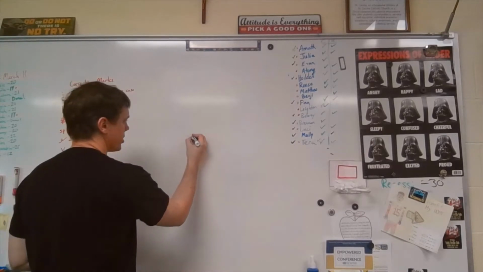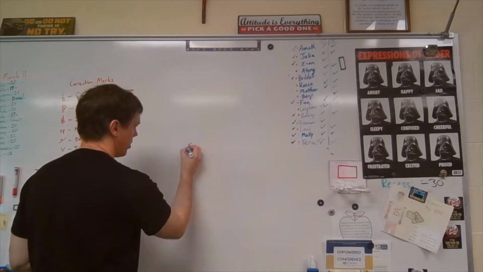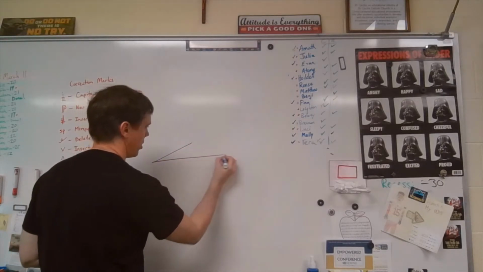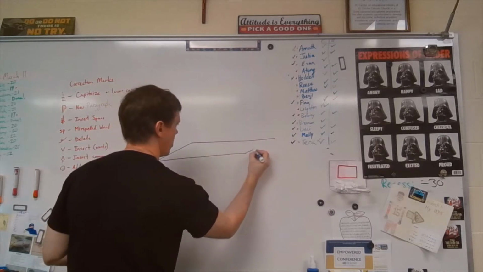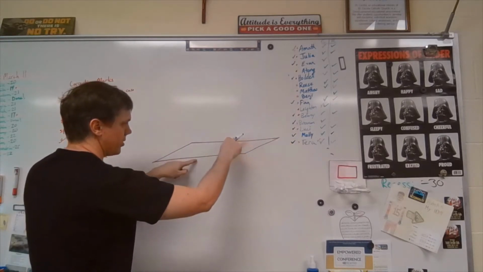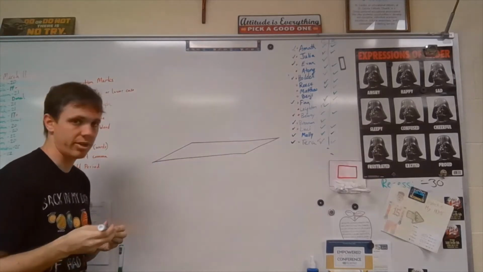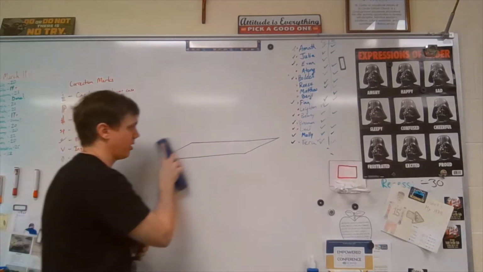So it could just as easily have looked, let's make it even more extreme, something like that, as long as these two sides are parallel and these two sides are parallel, which my drawing is terrible, so they're not, but if they were, then that is a parallelogram.